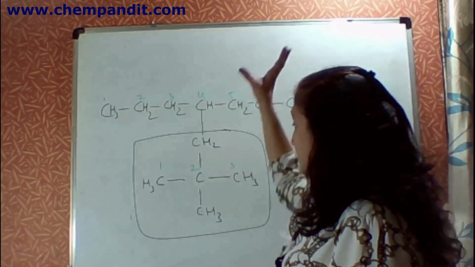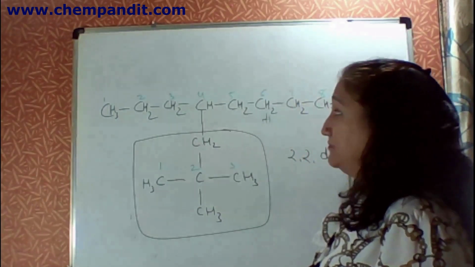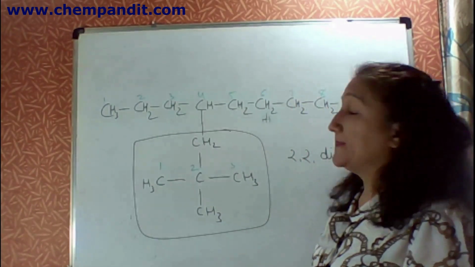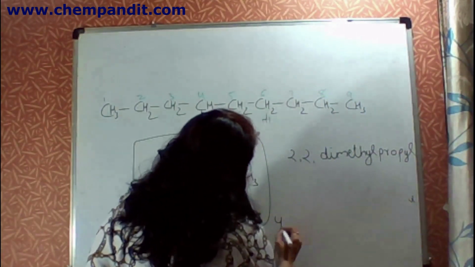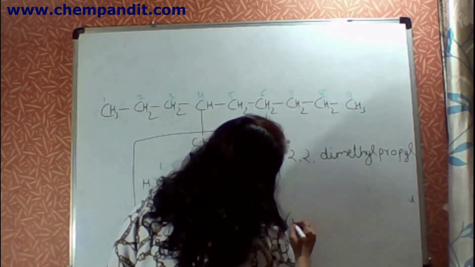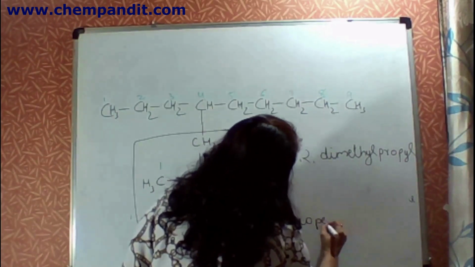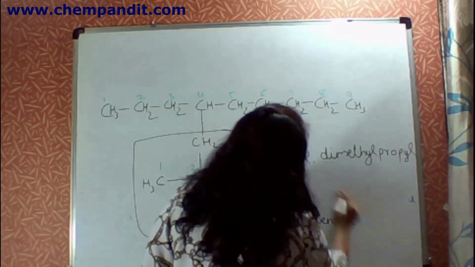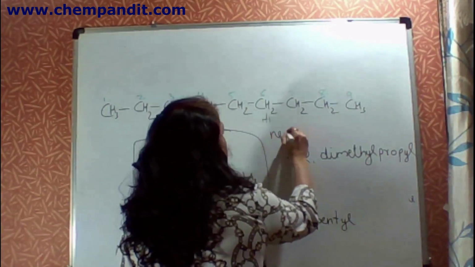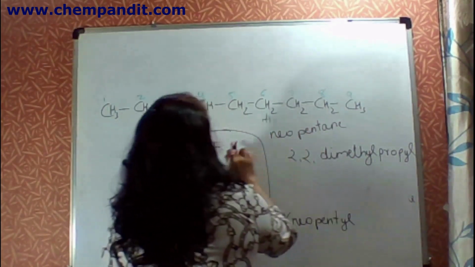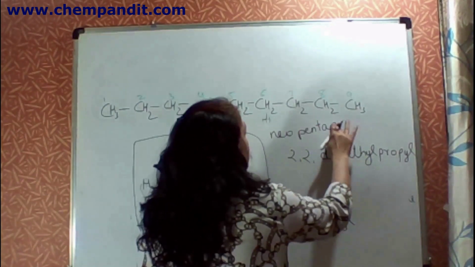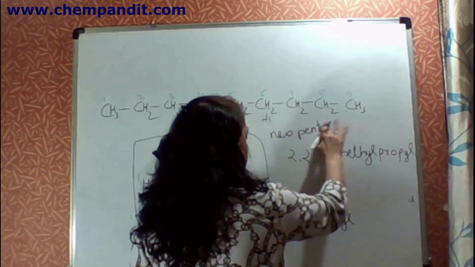Clear? And the final name of this compound will become what? The final name of this compound will become 4. You can also write neopentyl. Why? Because this is neopentane basically. The common name is neopentane. And when it is an alkyl group, so it will be neopentyl.